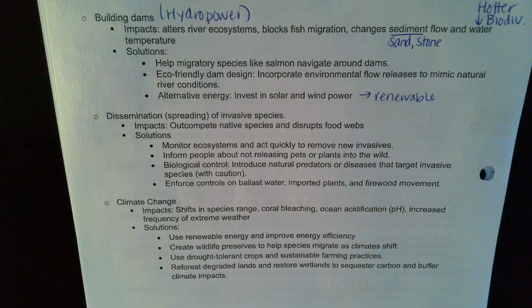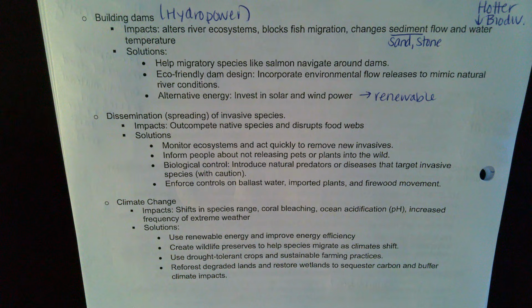Things we could do: monitor ecosystems, act quickly to remove them, inform people not to be releasing pets and plants into the wild. Biological control, you could introduce natural predators, but the problem is that has unintended consequences, because while they might kill the invasive species, now they're an invasive species. Enforce controls of ballast water, imported plants, and firewood movement.